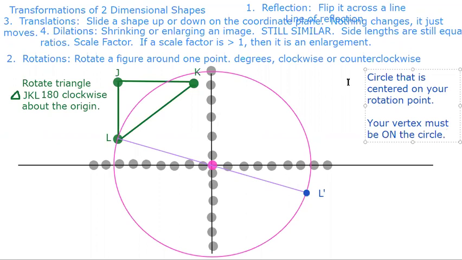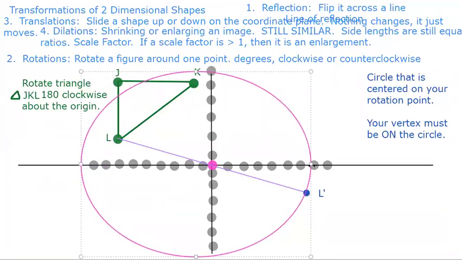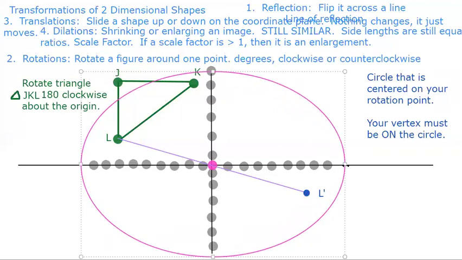So I need a circle that contains point J, centered at the origin. I'm going to have to make this circle bigger, aren't I? This circle needs to grow until it reaches point J, but still is centered on the origin.